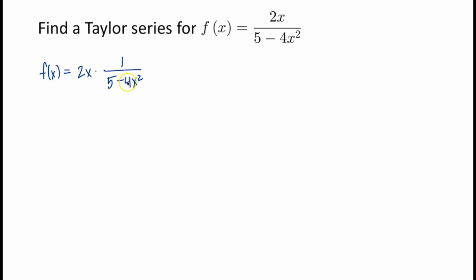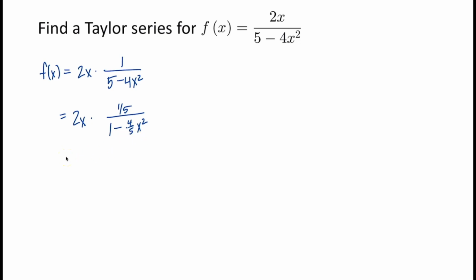This piece almost has that form, except that there's a 5 where we need there to be a 1. So what we're going to do is divide the numerator and denominator by 5. So we have 2x times 1/5 over 1 minus 4/5 x squared. Now we have that a over 1 minus r look.